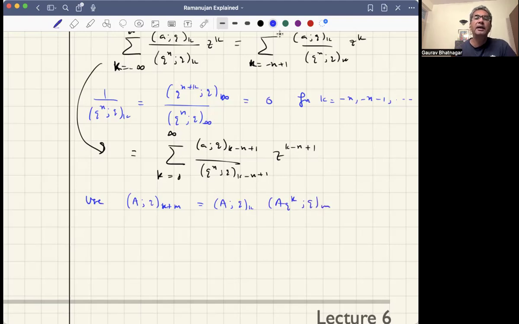This is the elementary identity, which we have done as an exercise before, and it works for any integers. And we get the sum equals (a;q)_{-n+1}, (q^{-n+1};q)_n, and the z raised to the power -n+1.